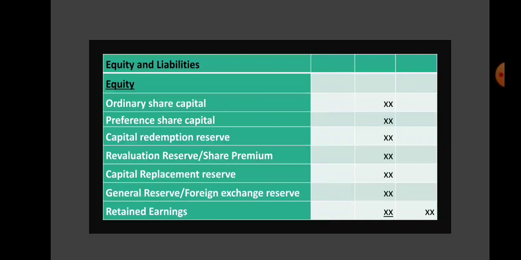And among reserves, we have capital reserves and revenue reserves. Anyway, we will be discussing the reserves in more detail in the coming topics. So, as of now, you need to identify that the share capital and the reserves should be taken under this equity section, so that you will get the total of equity.